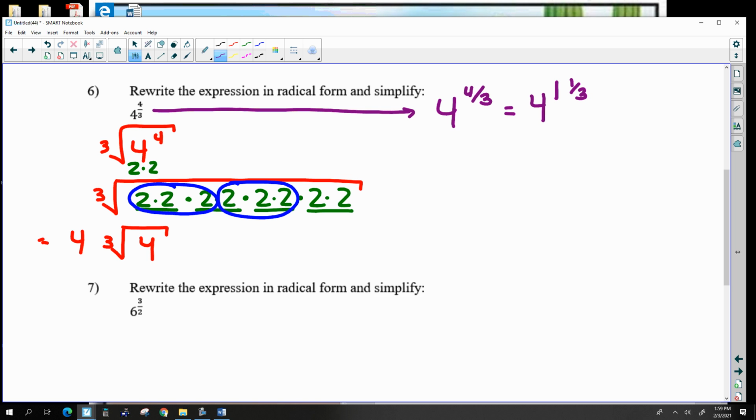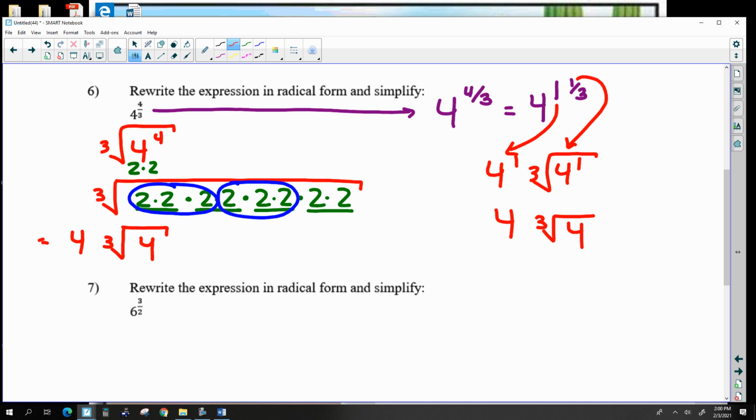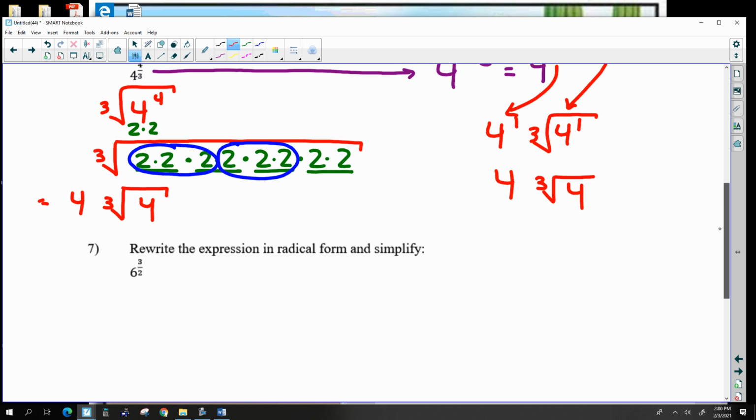What that implies is 1 on the out and 1 on the in of a third root. So it's one 4 out, one 4 in. That is the easy way that I think this problem could be done.